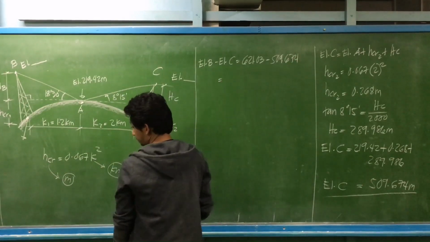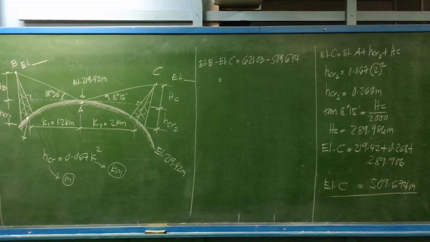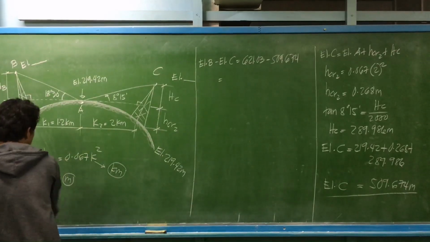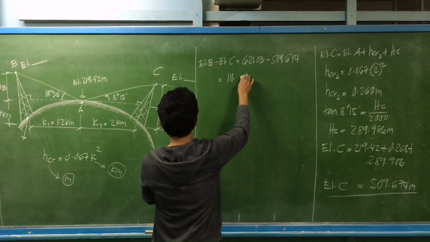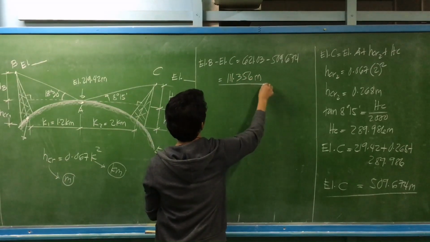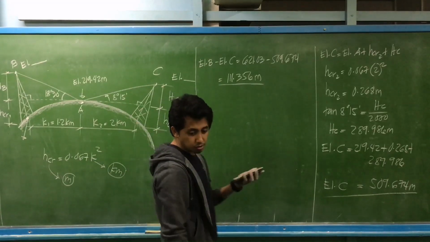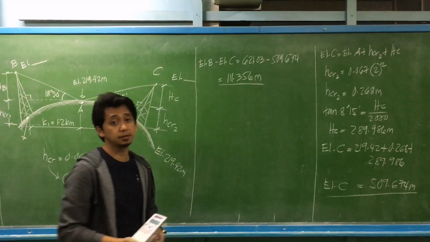So let's compute yung first requirement. It is equal to 111.356 meters. Okay. So sa choices natin, 111.355, that is letter B.